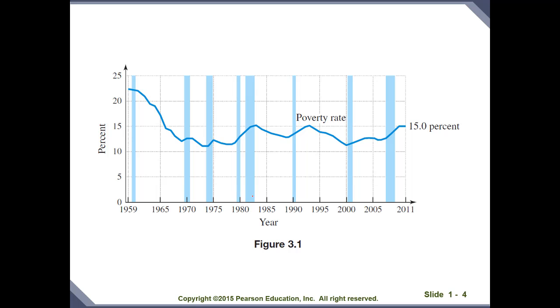Because every value on our x-axis here, let me actually get the laser pointer so you can see a little better, every value on the x-axis has just one value on our graph. So 1980's value looks to be about 14, give or take. So a poverty rate of about 14%.